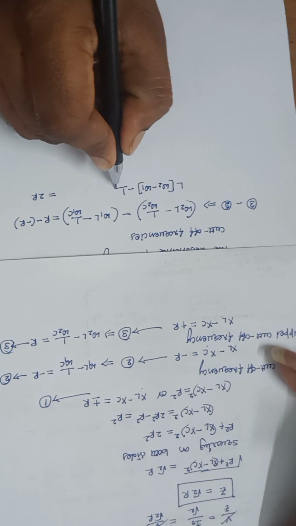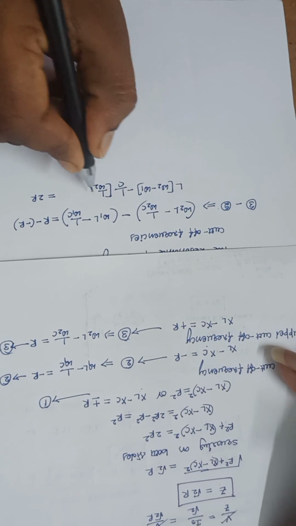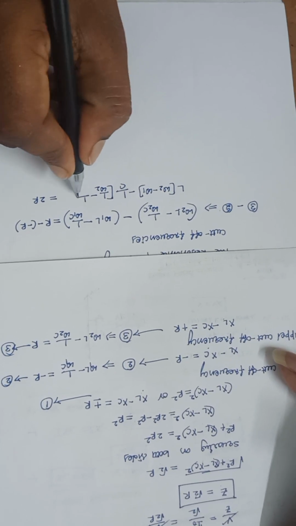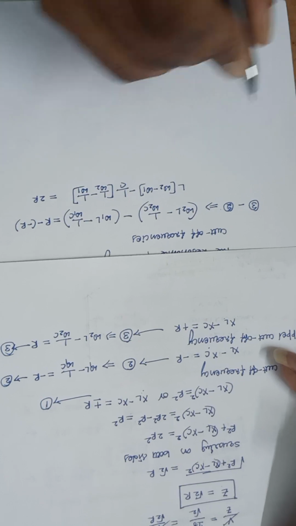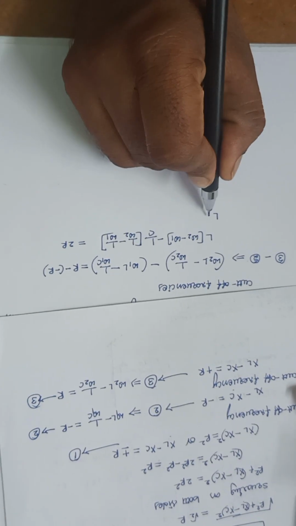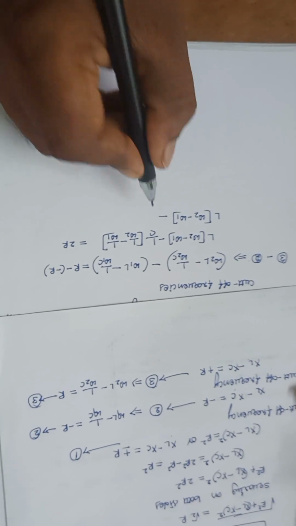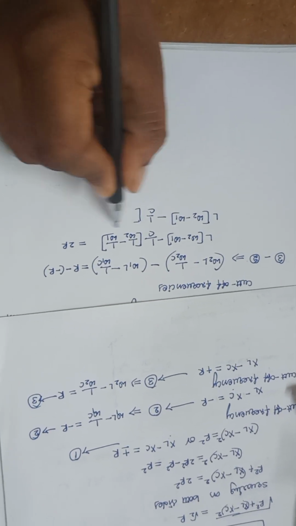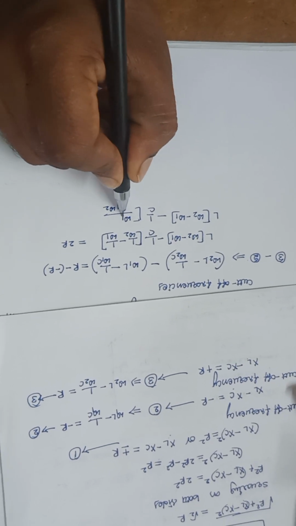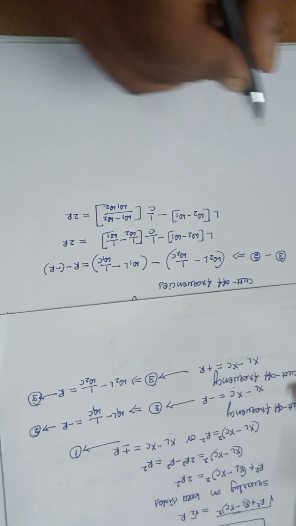Now if I take 1 by C as common, this minus into minus will become plus, so it is 1 by omega 1 minus 1 by omega 2. Taking the LCM as omega 1 into omega 2, it is L into omega 2 minus omega 1 minus 1 by C into omega 1 minus omega 2 over omega 1 omega 2, that is equal to 2R.